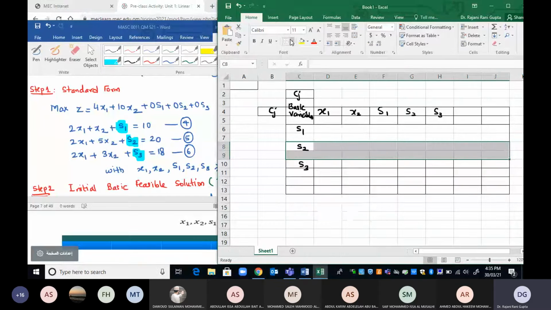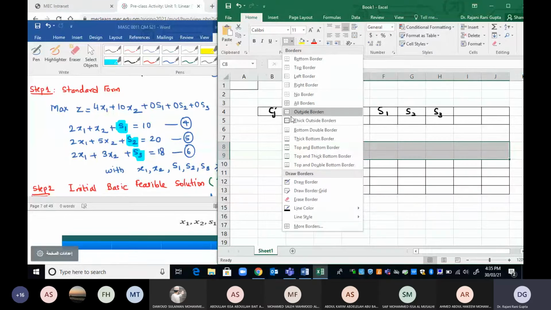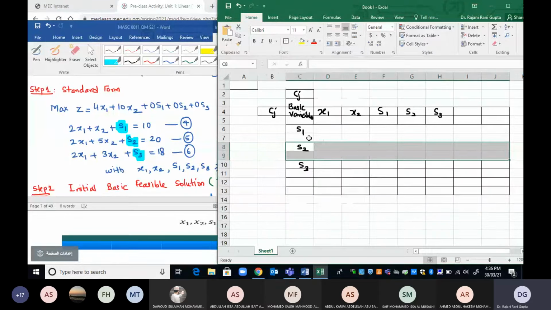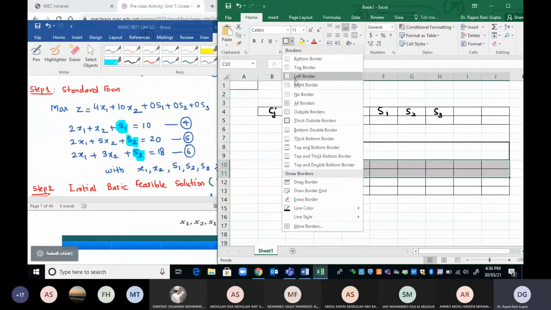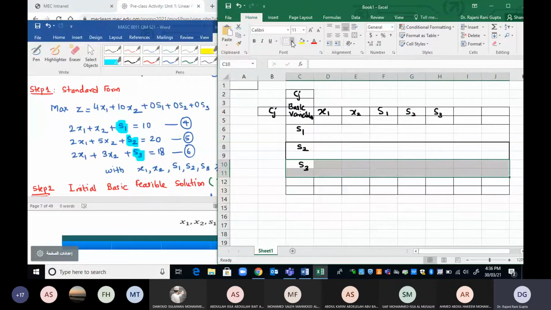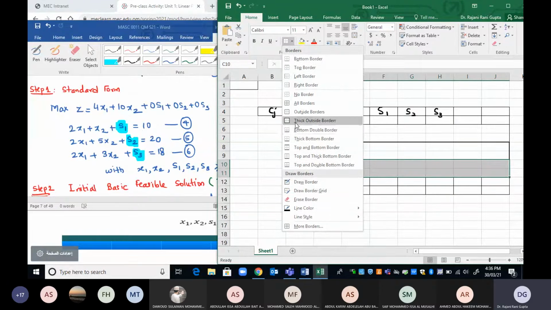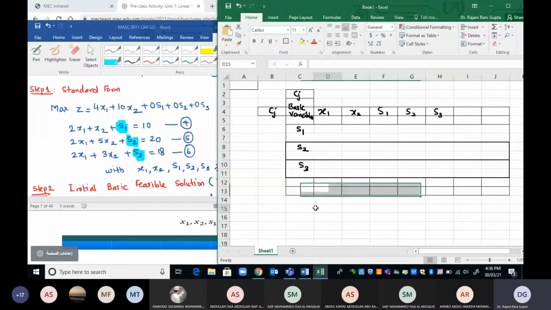No border, and I wanted just the outside thick border. And same is for S3, because these two numbers represent S3. Is typing more clear? Now it's clear, but if you are typing, that's good for you. Yeah, but then writing x1, x2, x3 will not be easy.